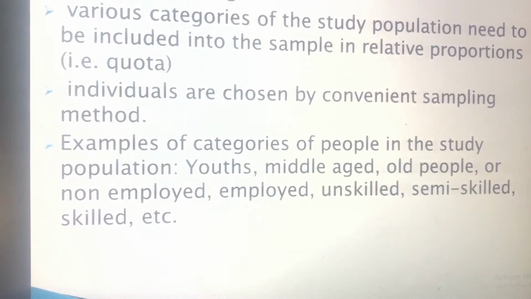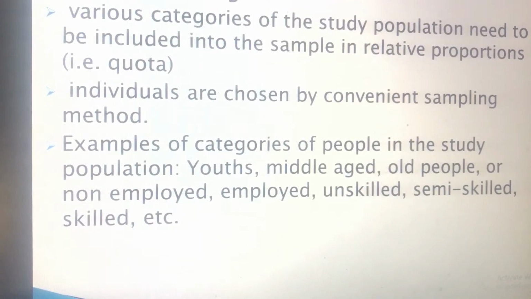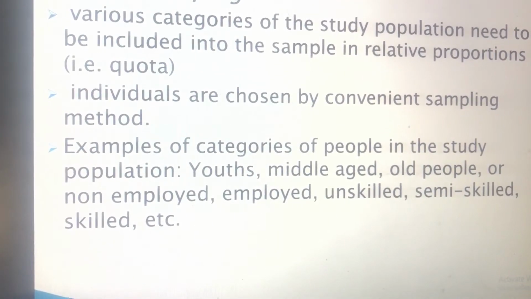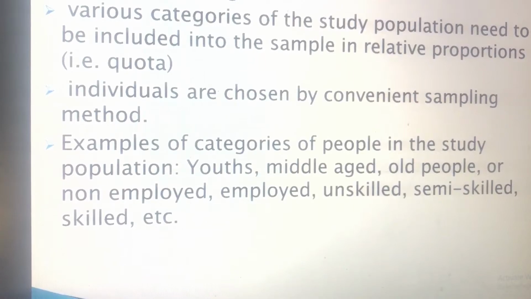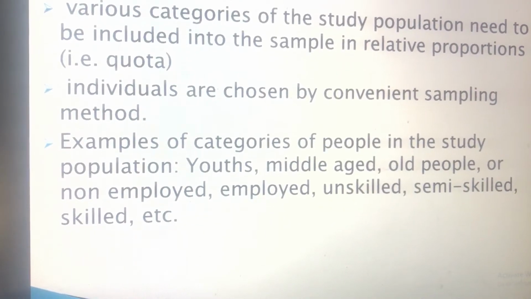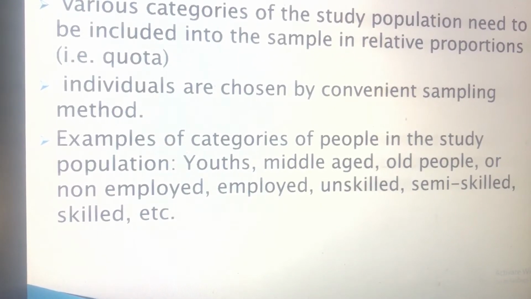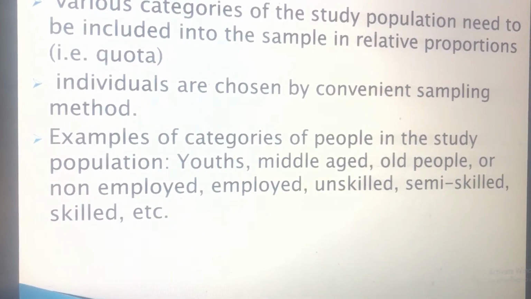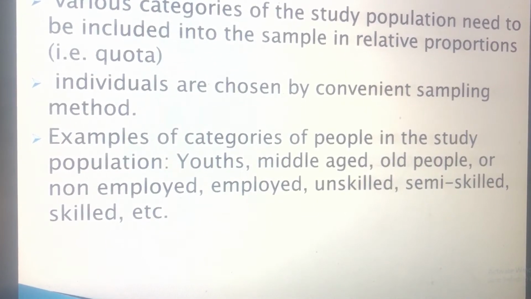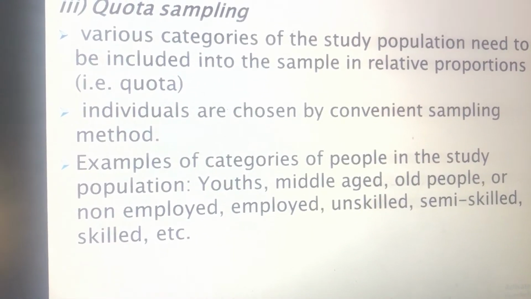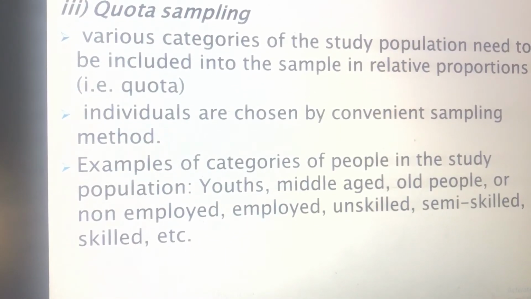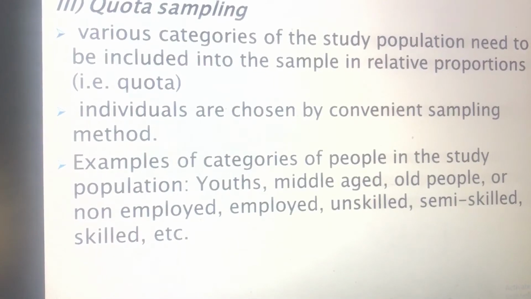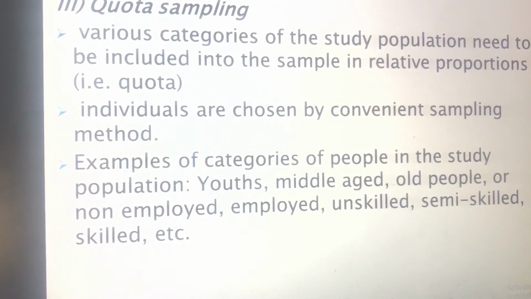We have youth, middle age, old people, or non-employed, employed, unskilled, semi-skilled, and skilled, etc. Here you want each category to have a representative person in the study. You will use the quota sampling method to select the participants from each category.